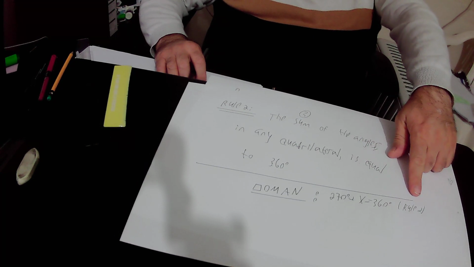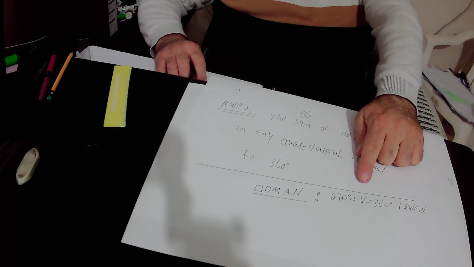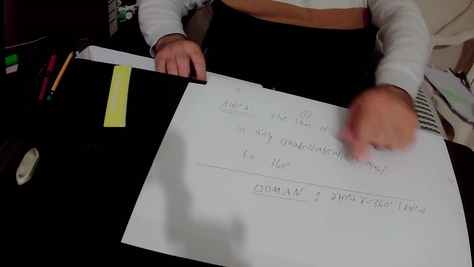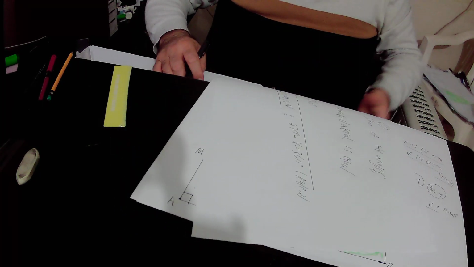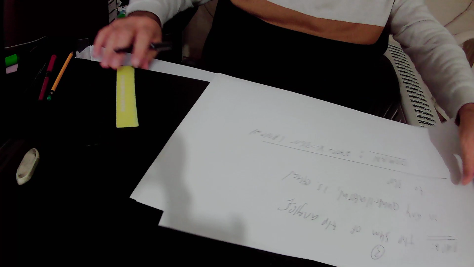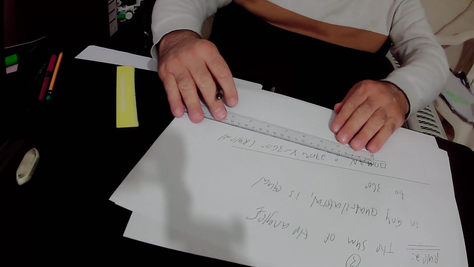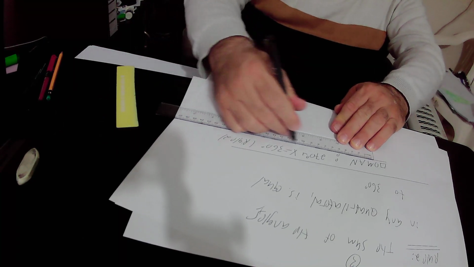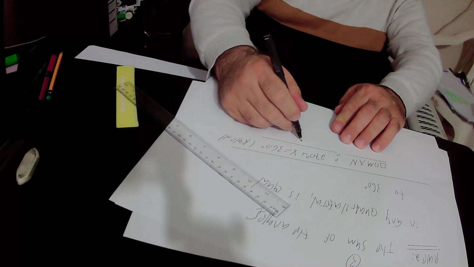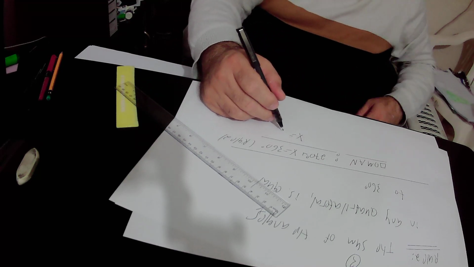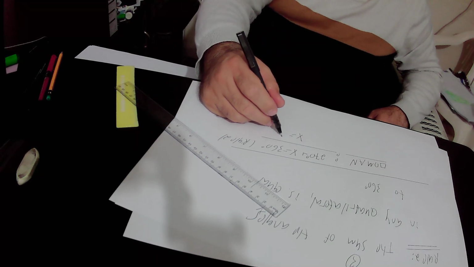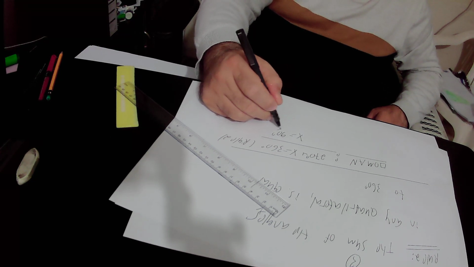Here we will subtract 270 degrees from this equality, and we get that angle X equals 360 degrees minus 270 degrees, which is equal to 90 degrees.